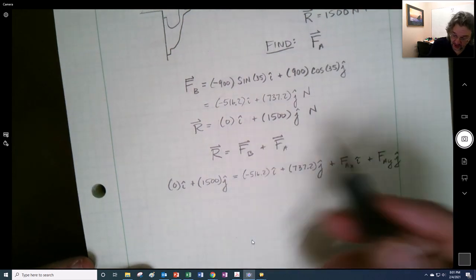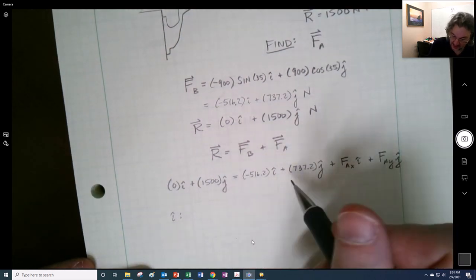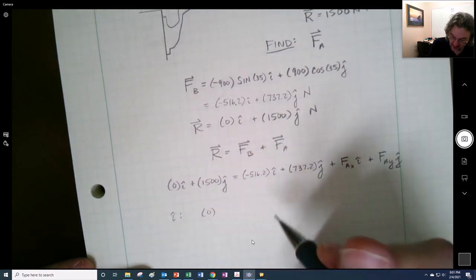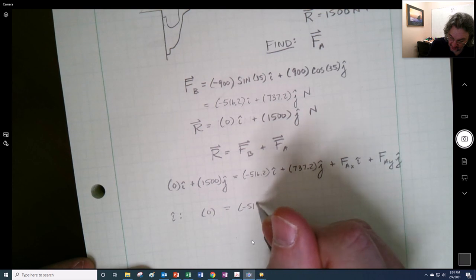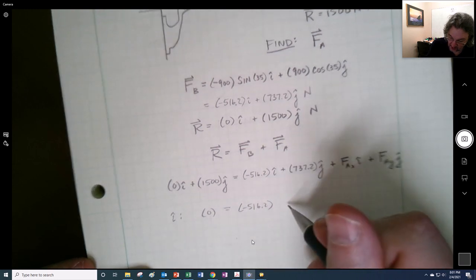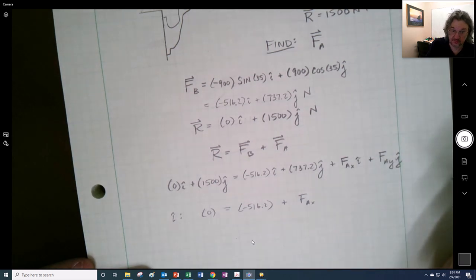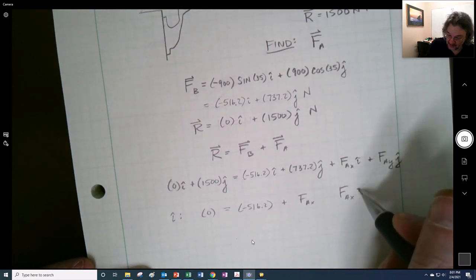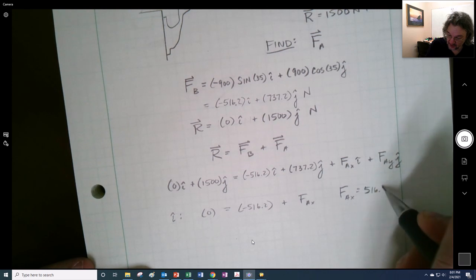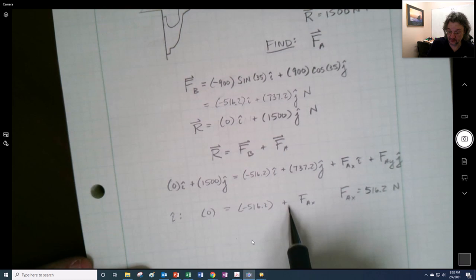Now, what you do here is we solve for the i's. In the i direction, we have 0 is equal to negative 516.2 plus FAX. Therefore, FAX is equal to 516.2 newtons, and it's positive, right?